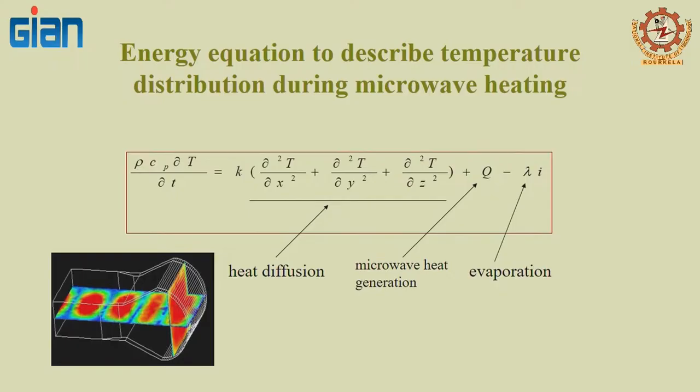Again you can see that you have a heat diffusion component here, then you have a heat generation due to microwave, then there may be some evaporation component, and this is the energy input to the product. And then if you solve for the temperature field, you can find the heat distribution, and from there you can establish the uniformity of treatment.